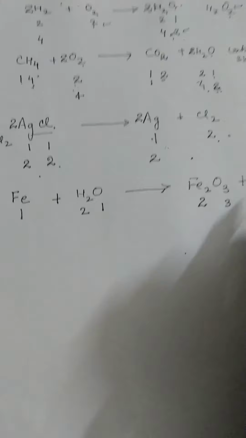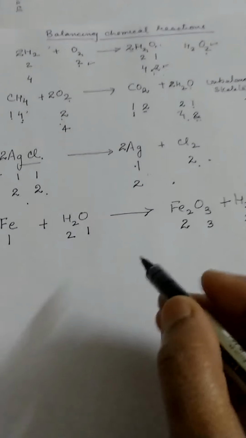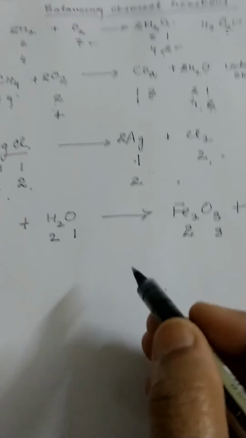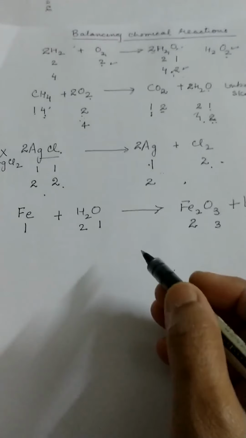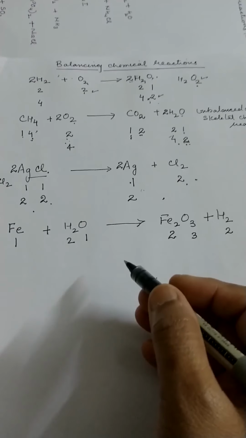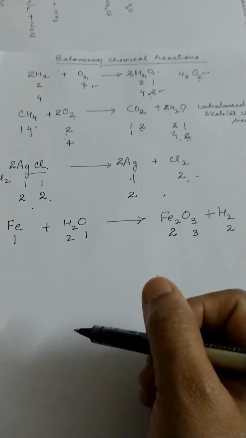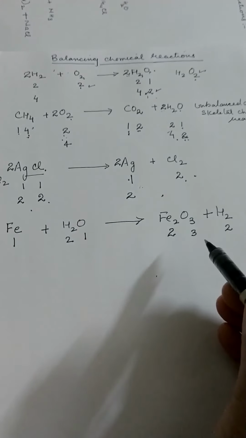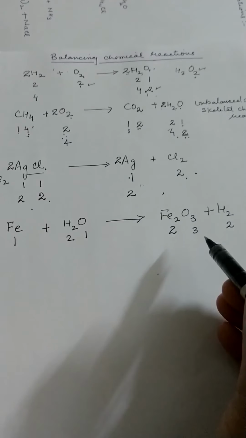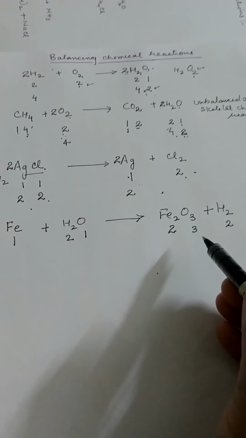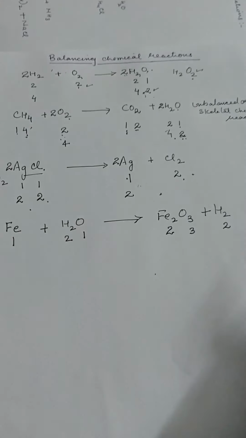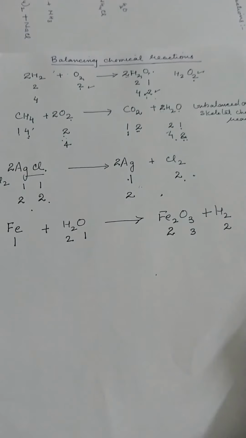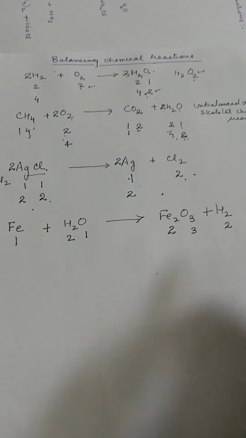Right? Now what do I do? From where can I start? If you have a careful look at the whole chemical reaction, where do I start? I will start with the maximum number of atoms in any molecule or compound in the chemical reaction.